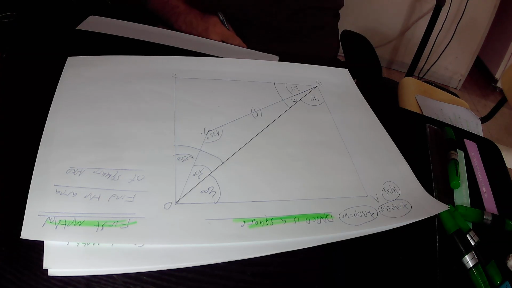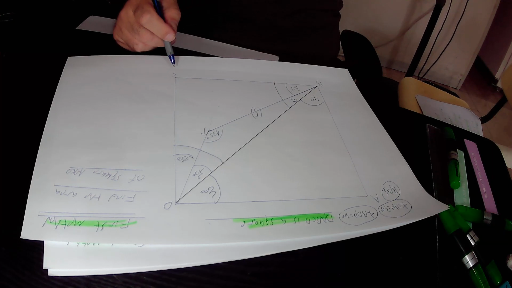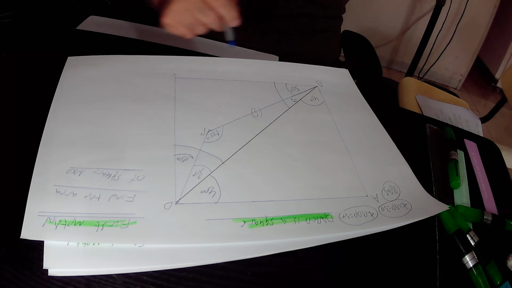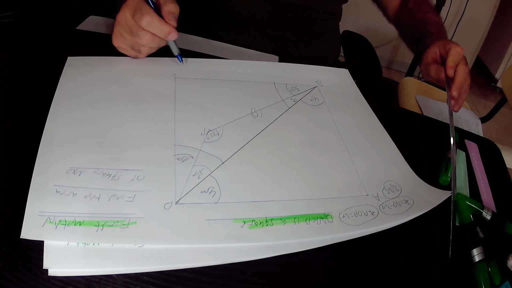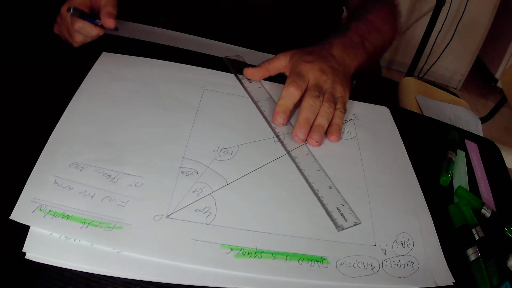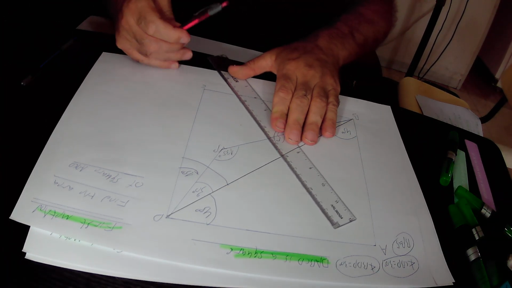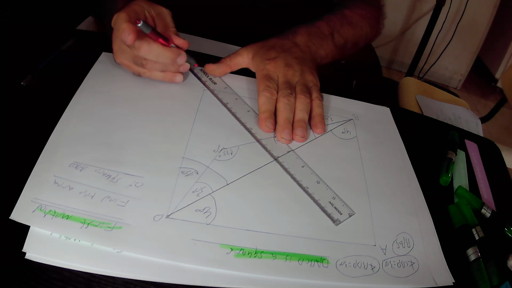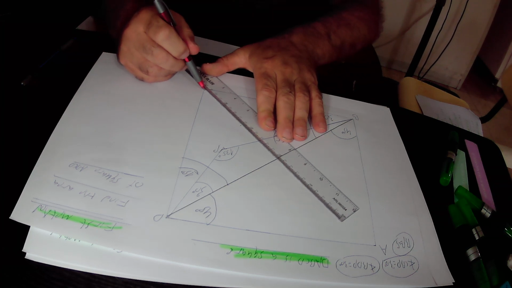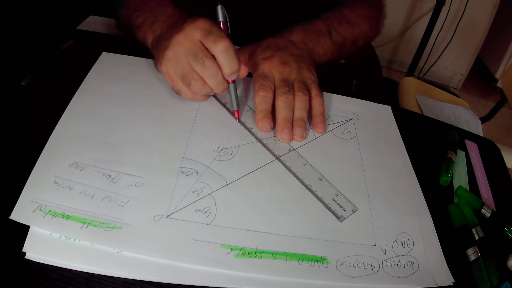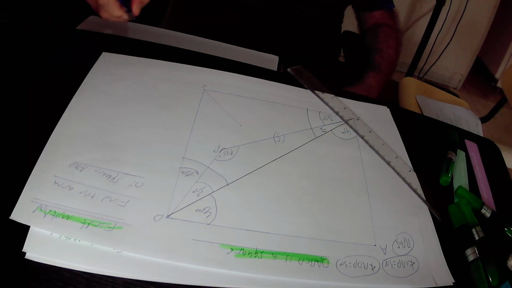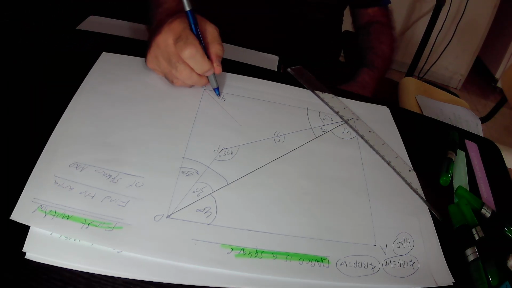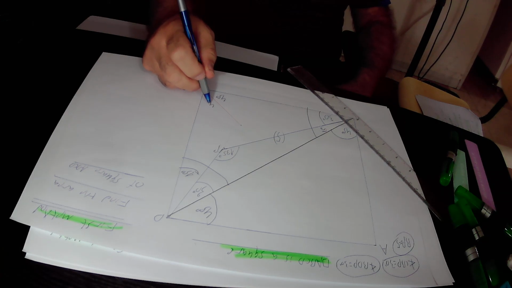In the next step, we do a construction. From point C, we draw an angle bisector of angle BCD. So this is an angle bisector, therefore this angle equals 45 degrees, and this angle also equals 45 degrees.